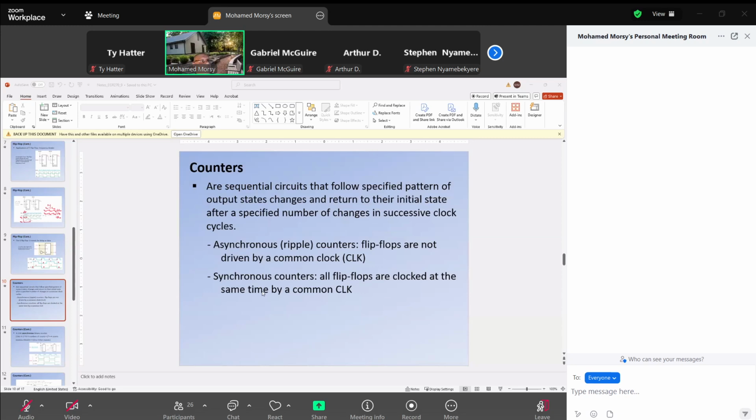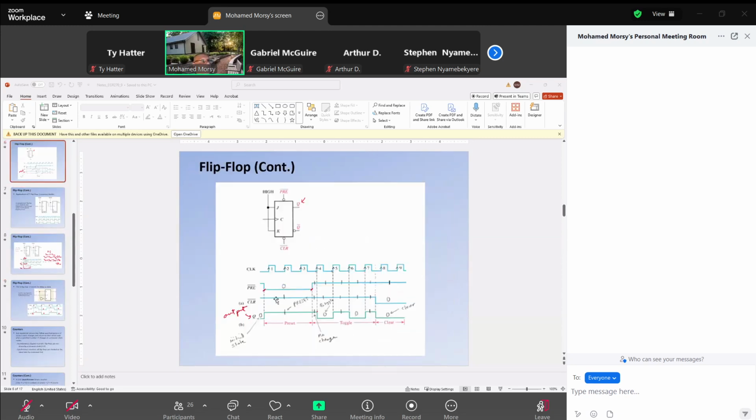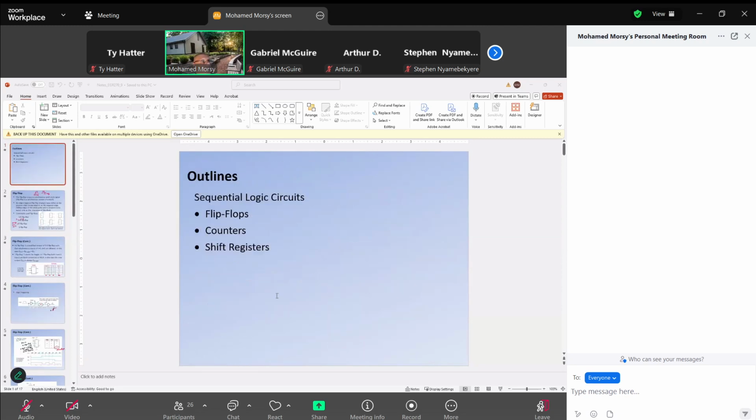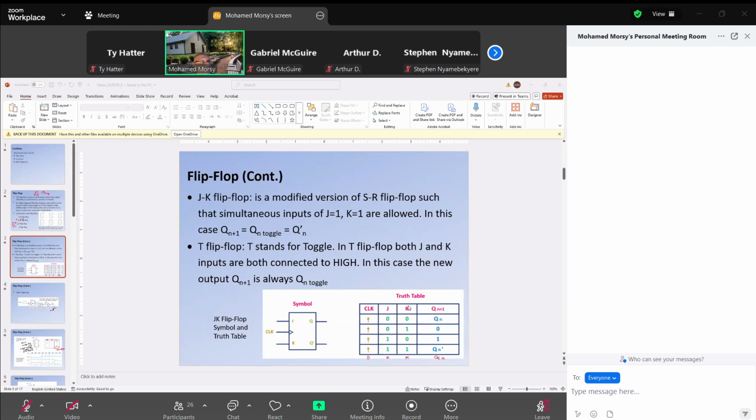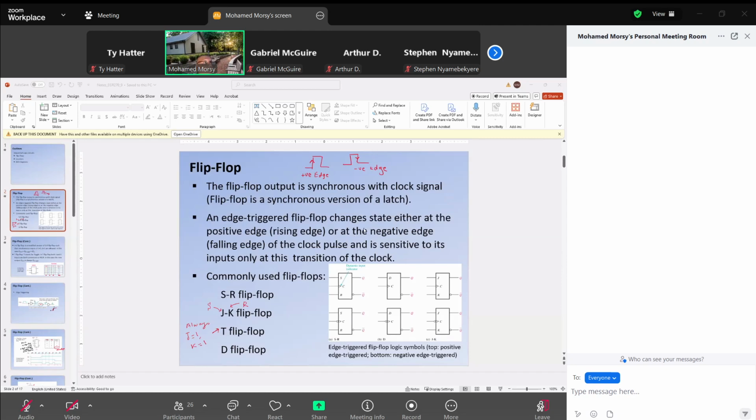Okay. Last time we spoke about flip-flops, and we mentioned the output of the flip-flop is synchronous with clock signals, which means flip-flop is a synchronous version of latch.